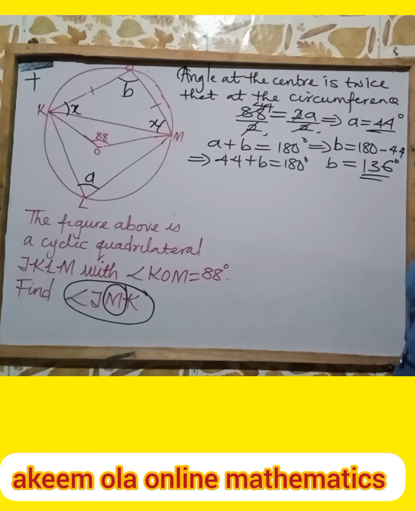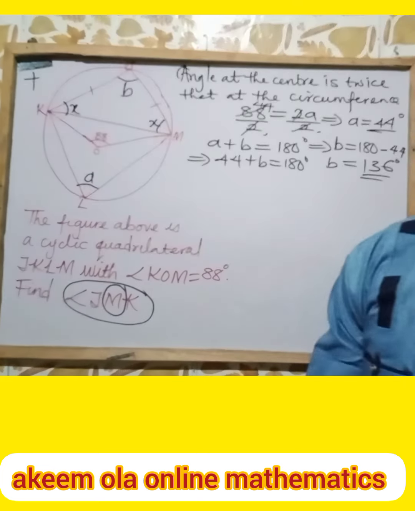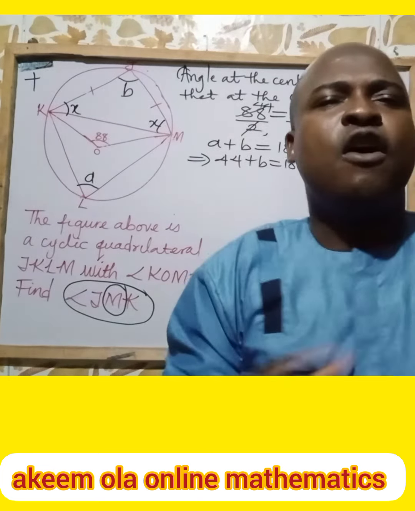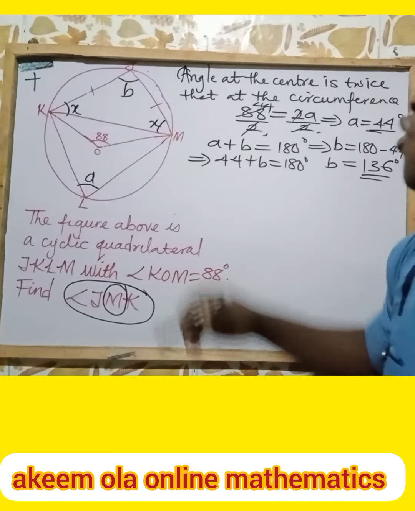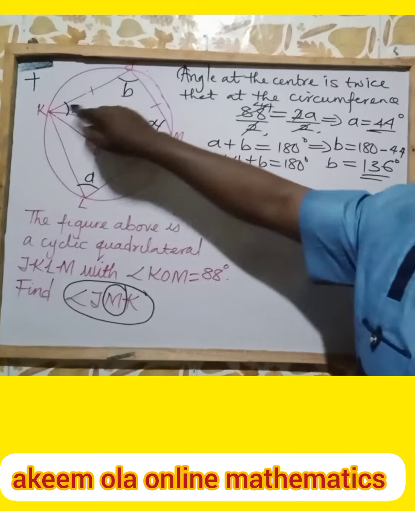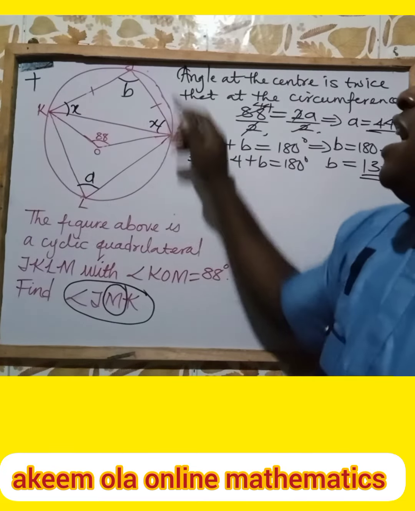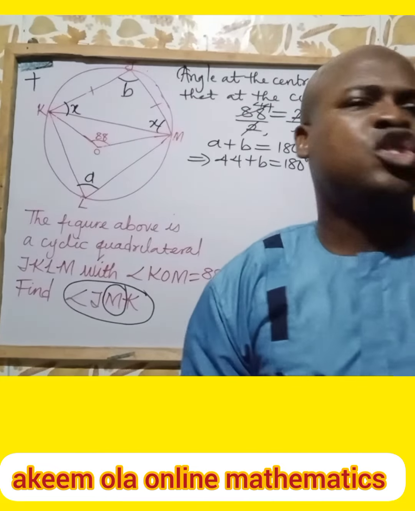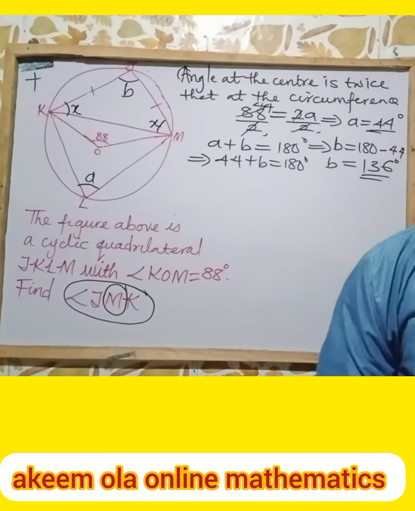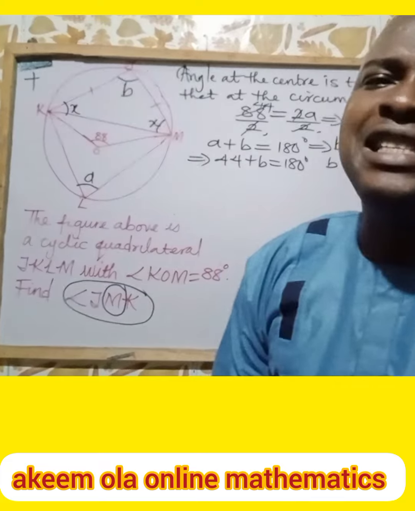How can we get the angle X? We already know that the base angles of an isosceles triangle are always equal. That means the angle here will be the same as here. If you look at this JMK, you will notice that JMK is a triangle, and the sum of angles in a triangle is always equal to 180 degrees.